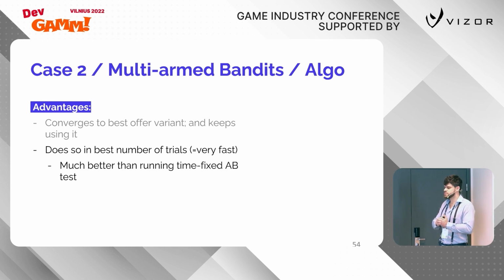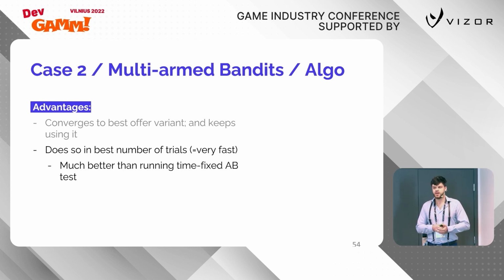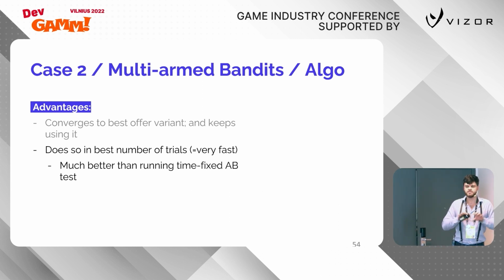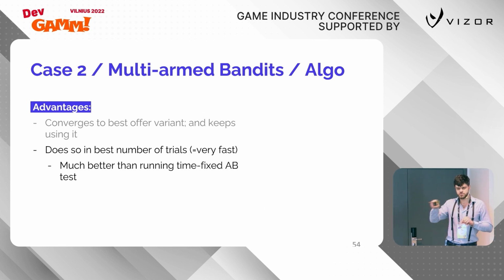In an A/B test, you usually spread your users evenly across all the possible scenarios, right? And if you look at this algorithm, you can see that at first, yes, it also spreads users evenly, but then it skews towards the best choice.